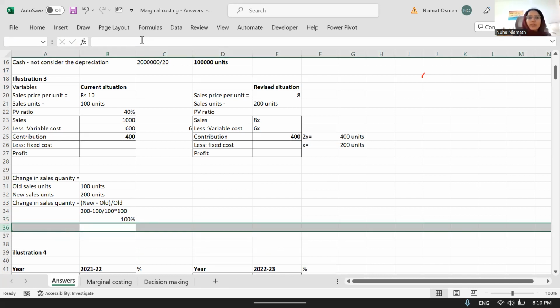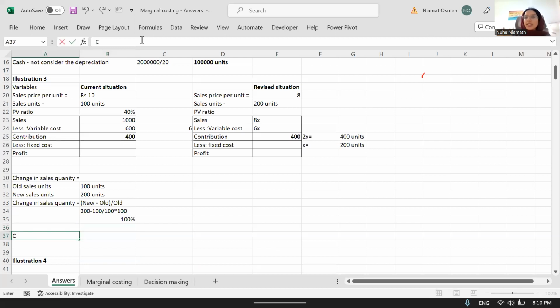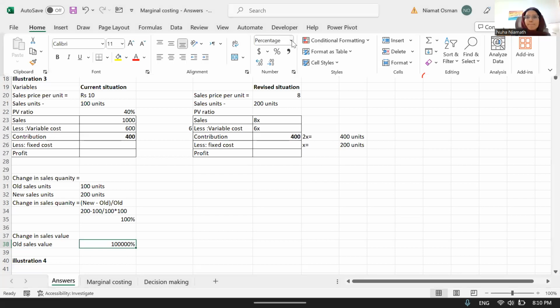Okay, perfect. Now we will look at change in sales value. What is change in sales value? What is my old sales value? 10 rupees into 100 units, correct? So that was 10 into 100. Correct?